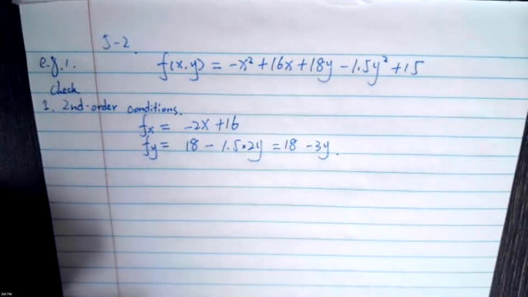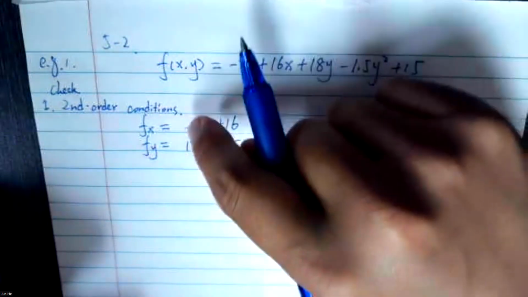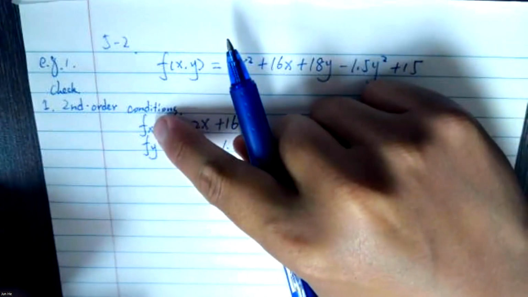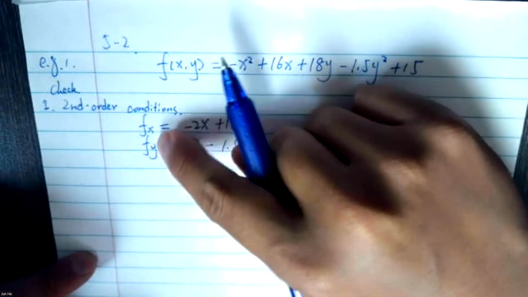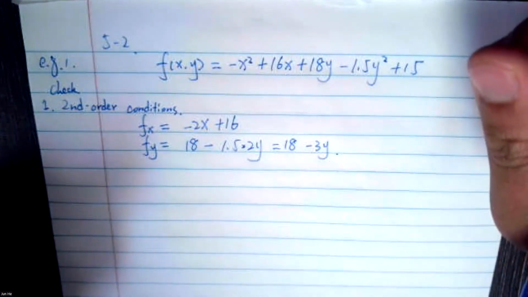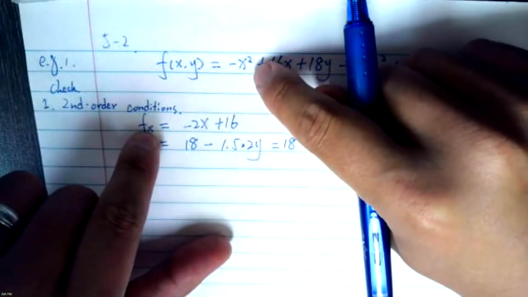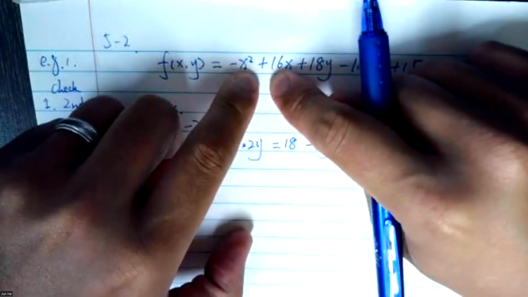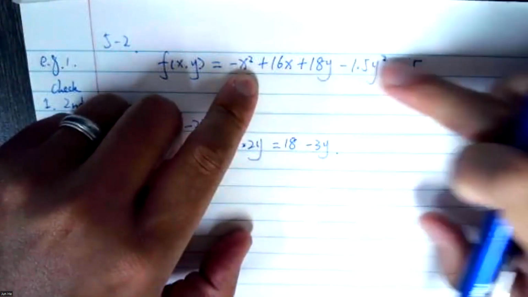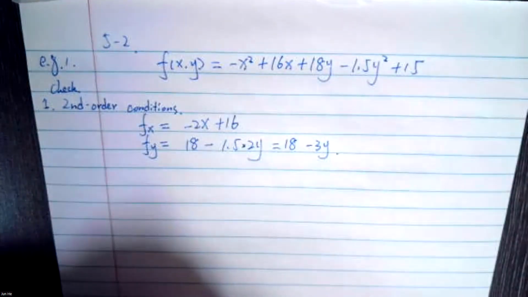Just to quickly explain, here we're doing partial derivative. As we're doing partial derivative, everything else, including the other independent variable, is considered constant. When we are doing partial derivative with respect to x, only the first two terms should be considered, because everything else is simply constants added to the first two terms.